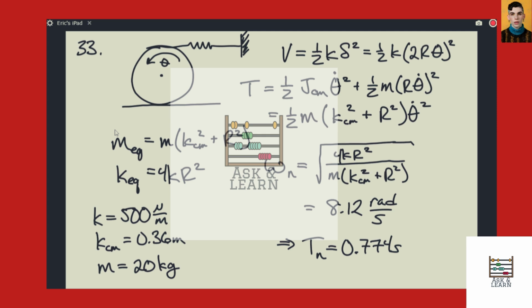Once we know those, we can figure out what our natural frequency is. So that's 4kr squared all over m times (k_cm squared plus r squared). We have values for all of those things. Plugging them in, we get the natural frequency is 8.12 radians per second, which means the natural period is 0.774 seconds.